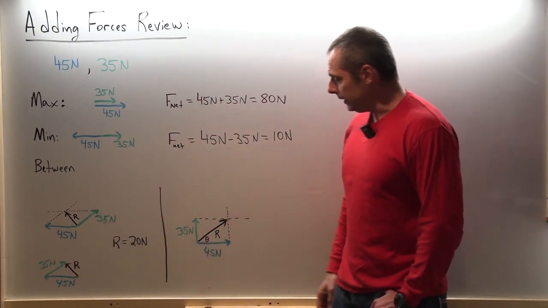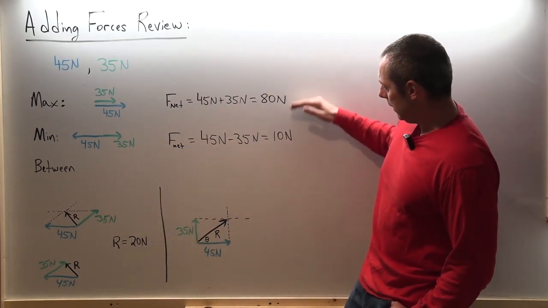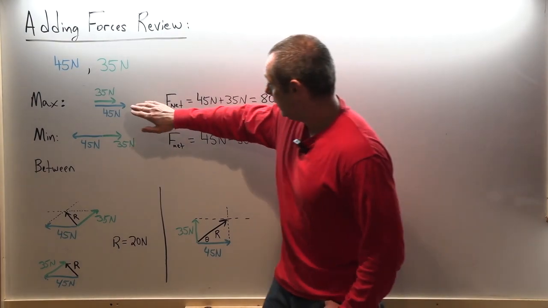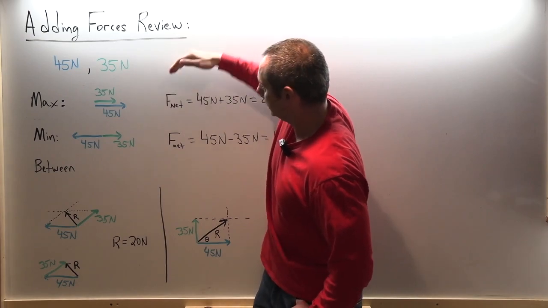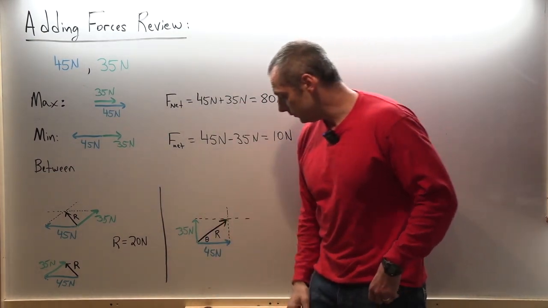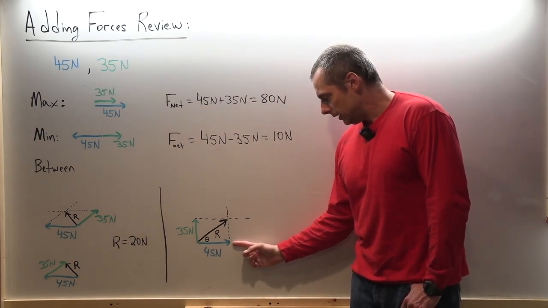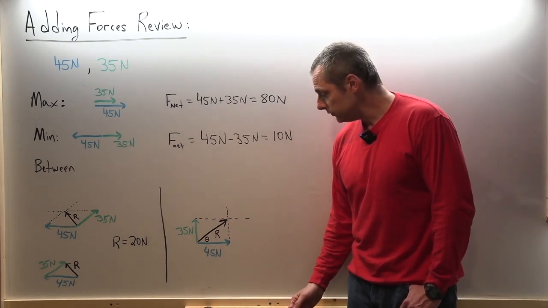All right, so 20, you know, between 80 and 10, right? And then, of course, you could get 70 if maybe the 35 goes a little bit up in this direction. So those are how you add the forces. And then we also looked on Friday at an example of drawing the forces to scale if they're 90 degrees to each other.